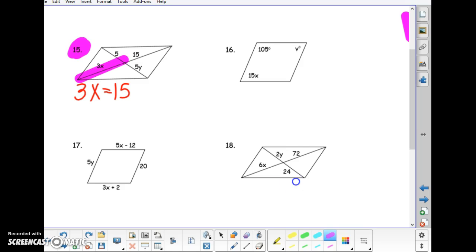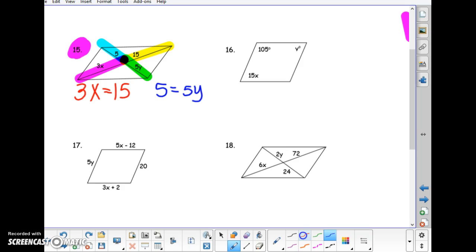This section has to be the same length as this section. For the same rule, these being bisected, I know that 5 is going to have to equal 5y. So these are going to be 2 equations that I can set up and then solve for.